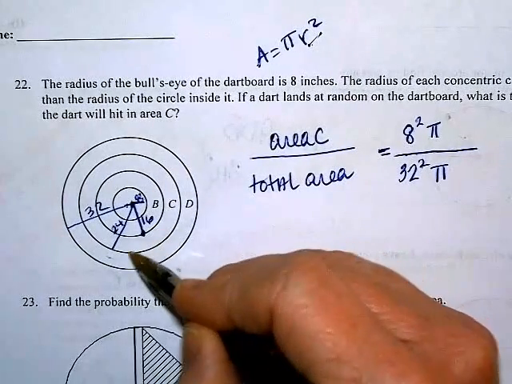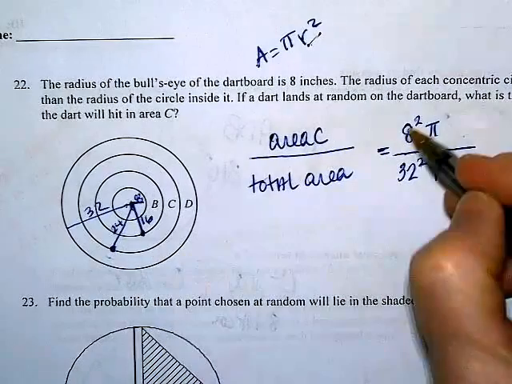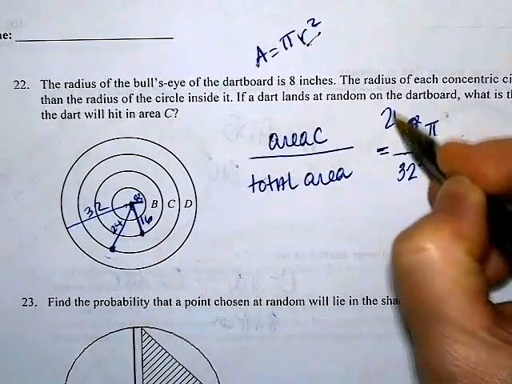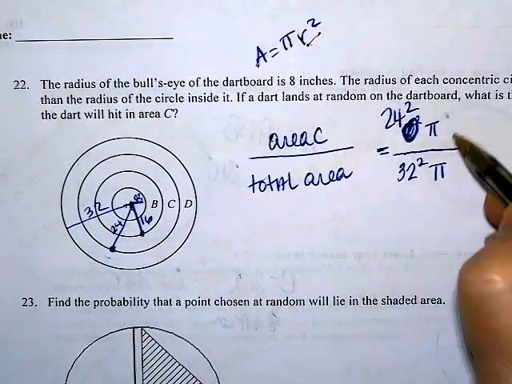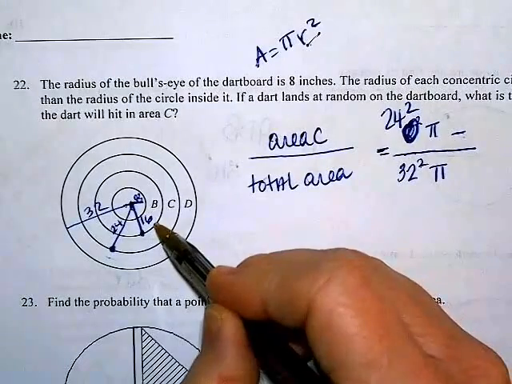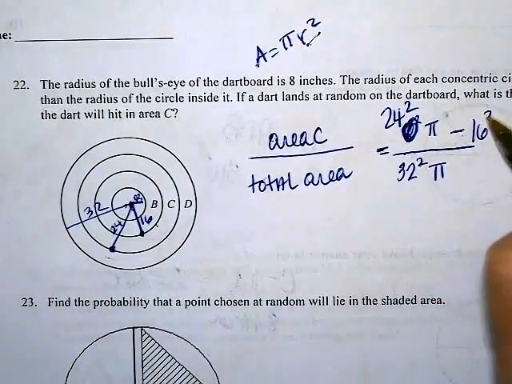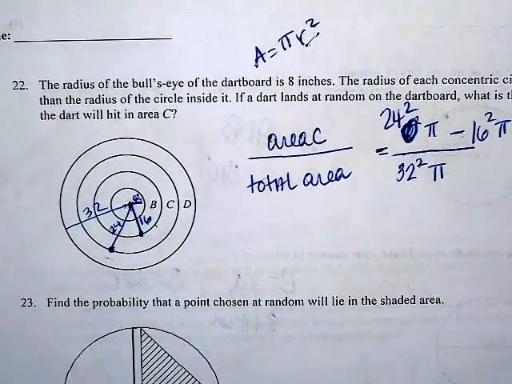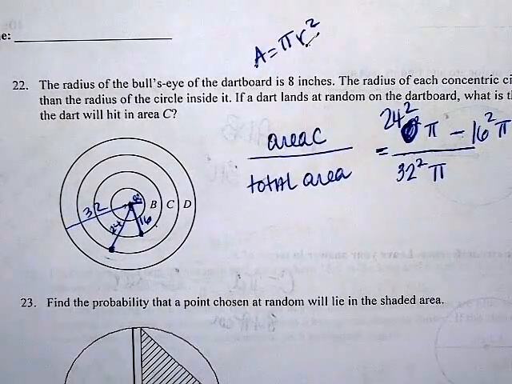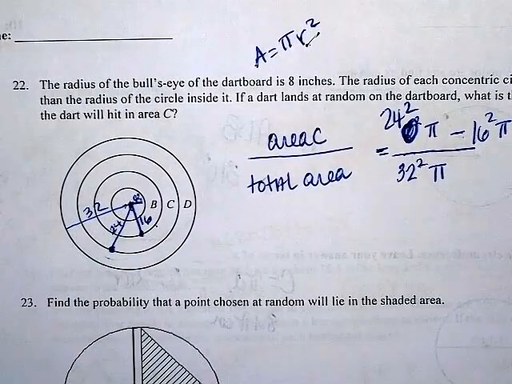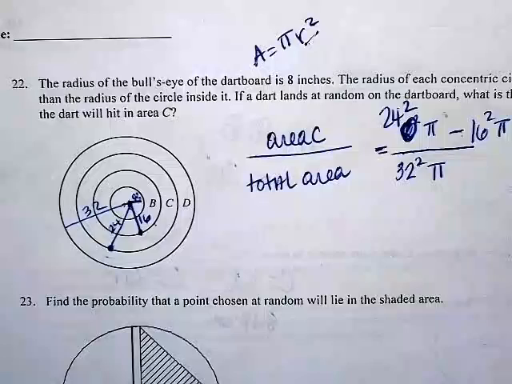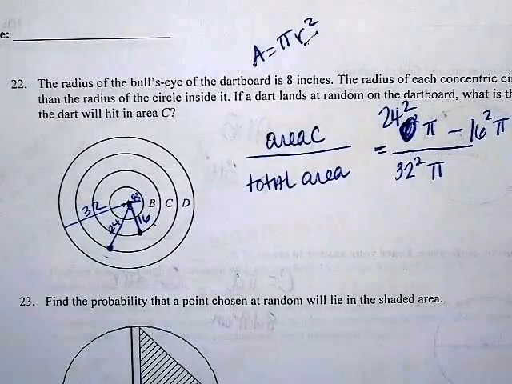It actually is 24 squared minus the 16 squared, right? Is that okay? Not going to be 8 squared because we're going to square before we subtract instead of subtract before we square. Thank you for asking that question and keeping me straight, Brayden.